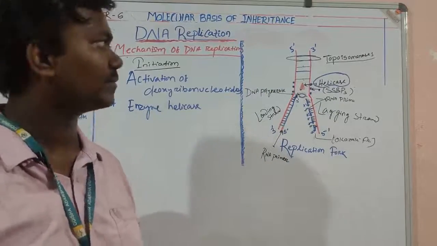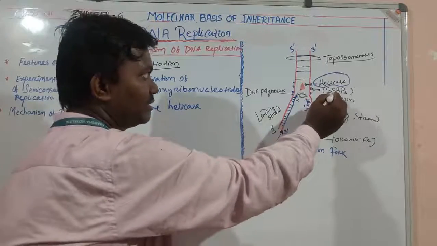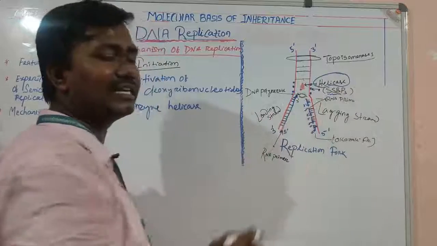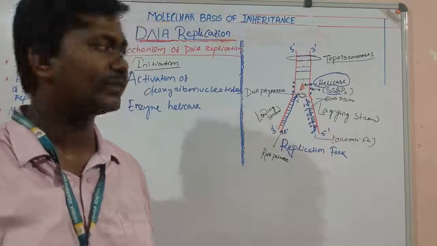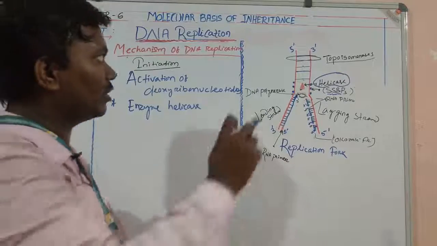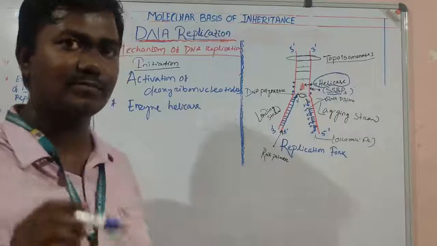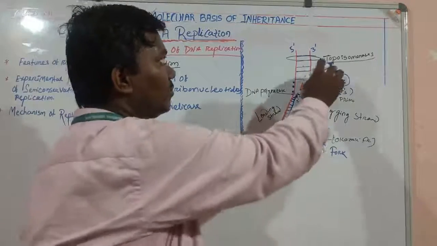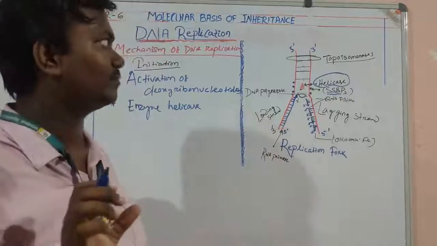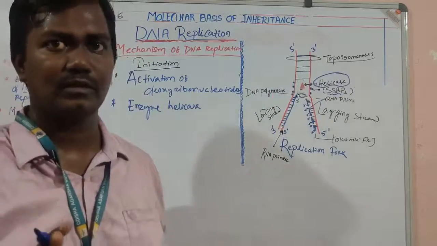Got it? These two strands are stabilized by a special protein, that is single-stranded binding protein. Okay? Then the supercoil that occurs by the action of helicase is removed, or the tension is removed, by the enzyme topoisomerase. Got it?